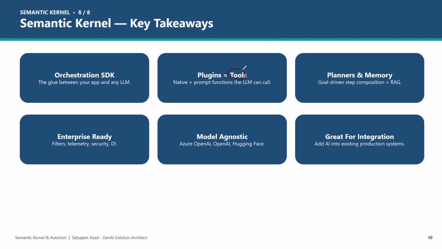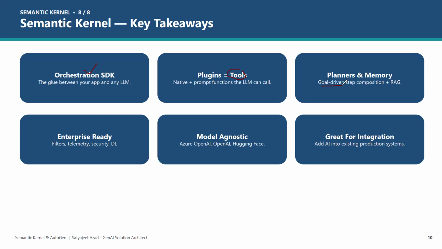It's again a tool, and the kernel will behave like an orchestrator. Planner plus memory is for dividing your goals and tasks, because once you give a prompt, the LLM tries to divide it. So you need agents or functions that can divide your task. The planner and memory are built into Semantic Kernel and can divide your subtasks.